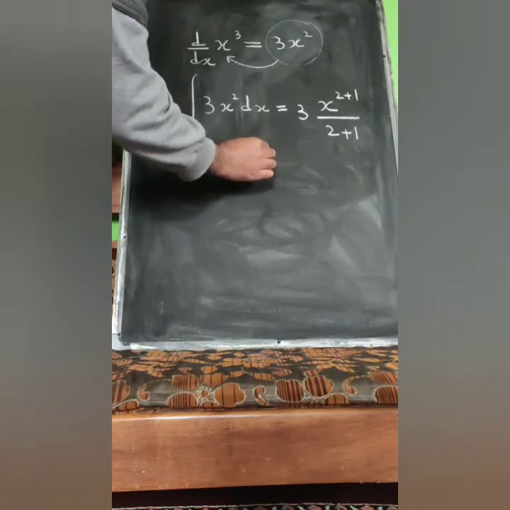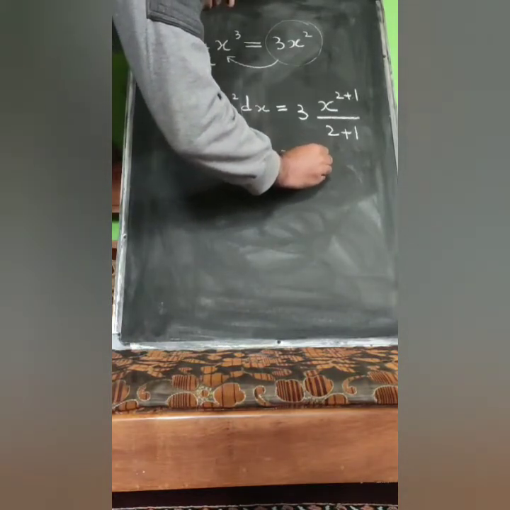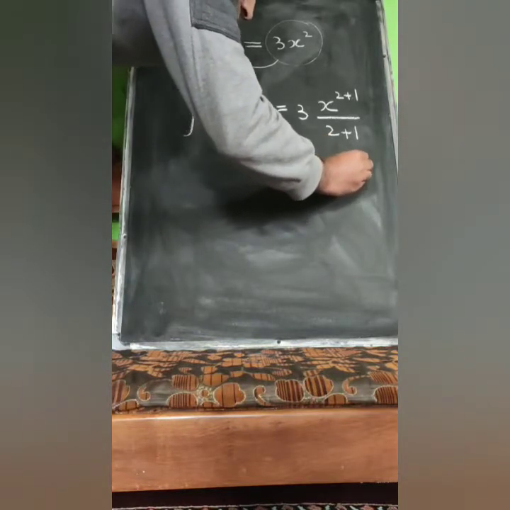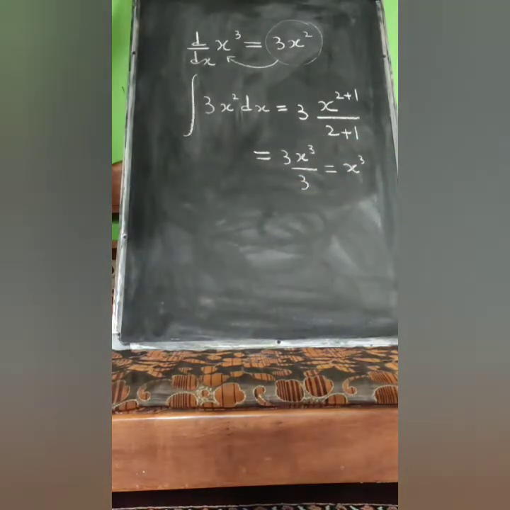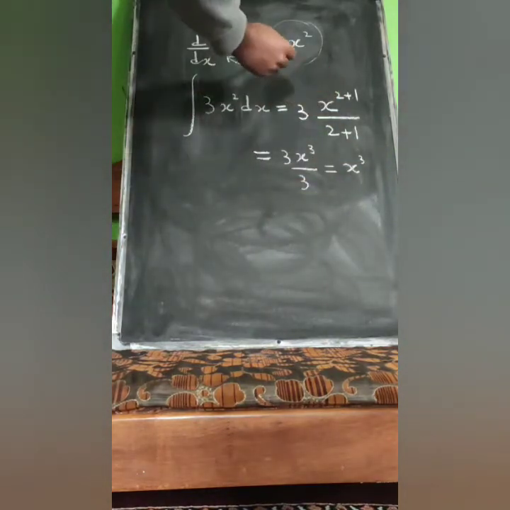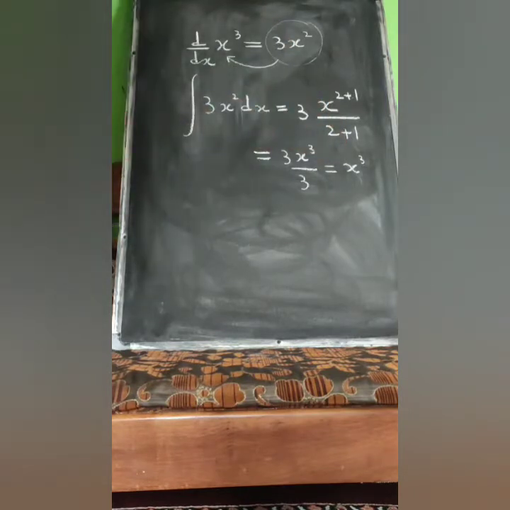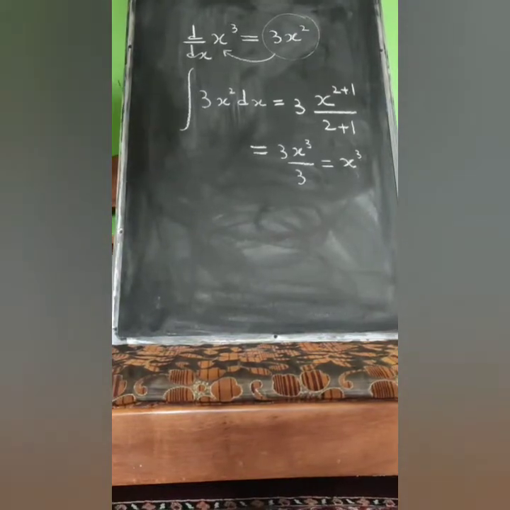Now that is equal to 3x cube divided by 3, and that is equal to x cube. Thus we get integration of 3x square equal to x cube. Now let's take one more example.